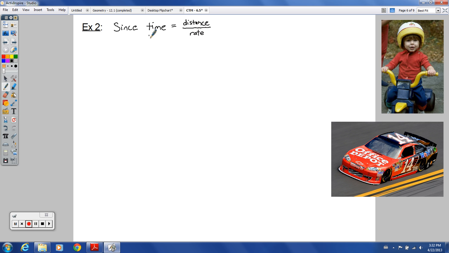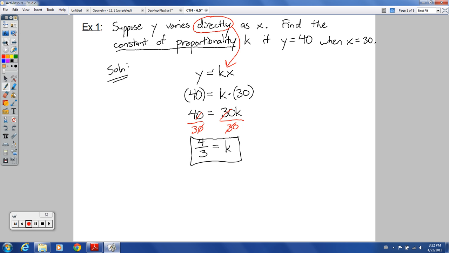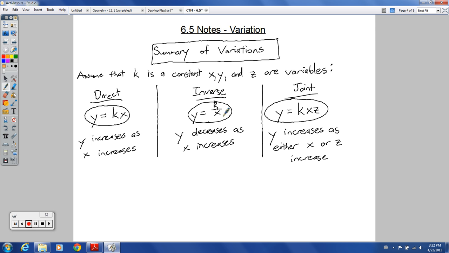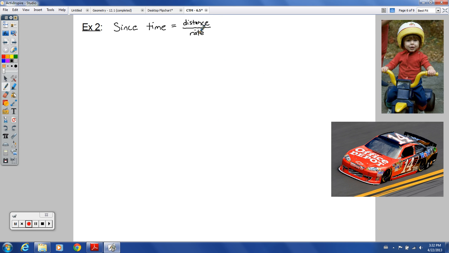So hopefully you're noticing, this seems like an inverse variation right here. We've got this divided by part here. It's going to vary inversely. So time equals distance over rate. Since that's true, time varies inversely.